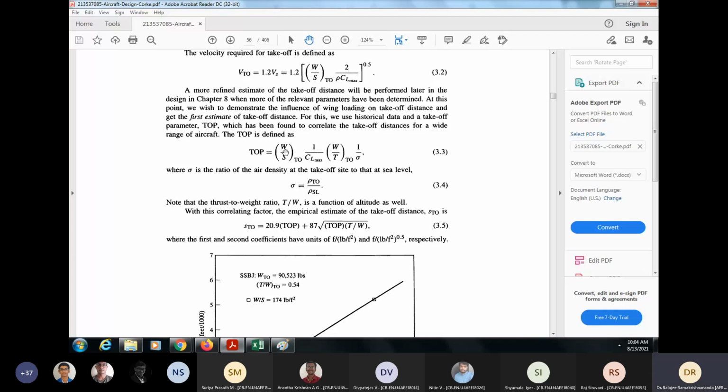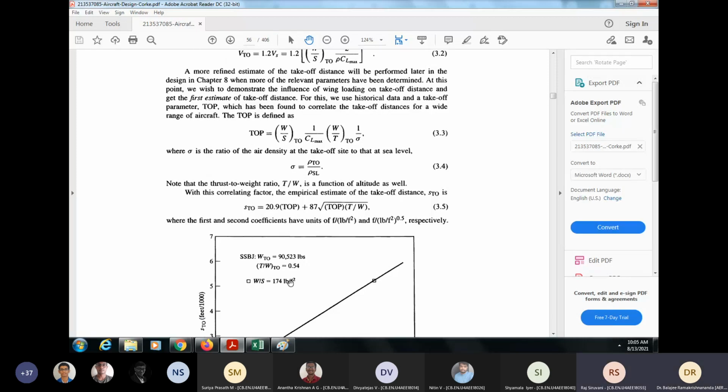Everything else is just non-dimensional numbers, they don't depend on units. Since it's empirical, this STO estimation should be done only with these units. Only then is this equation valid. Otherwise, the constant will change if you use some other units for the wing loading. Clear? Yes, I got it.